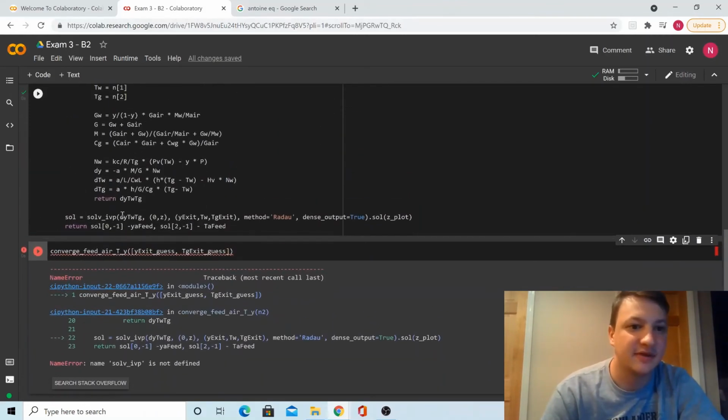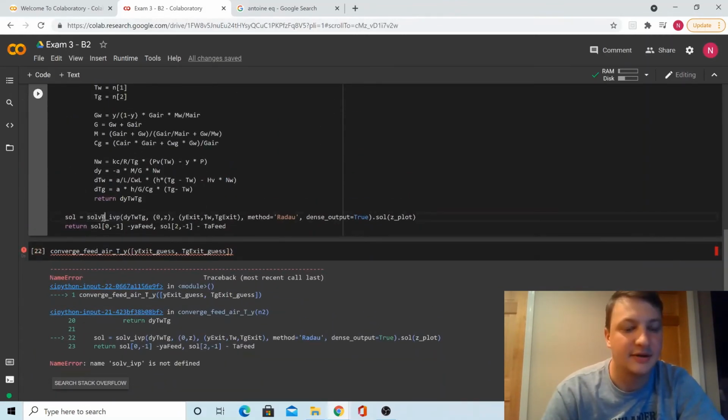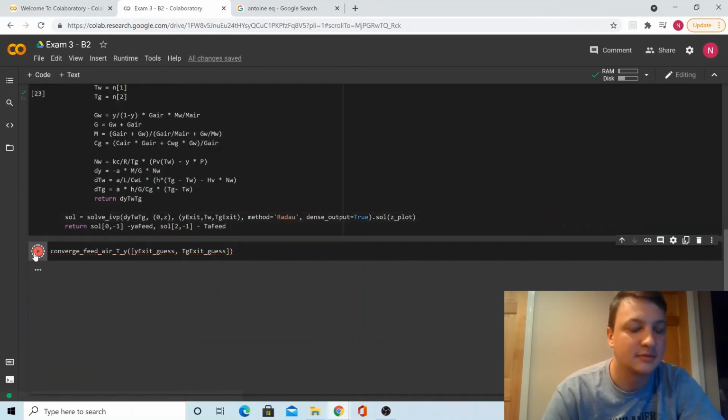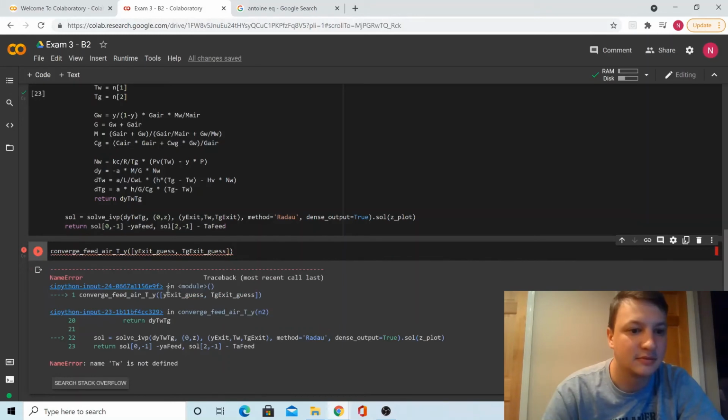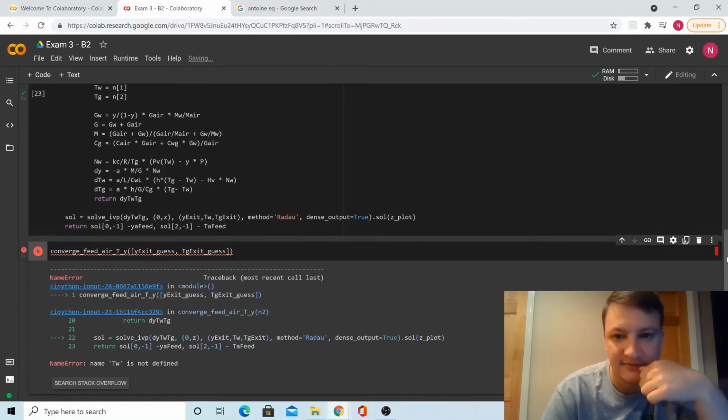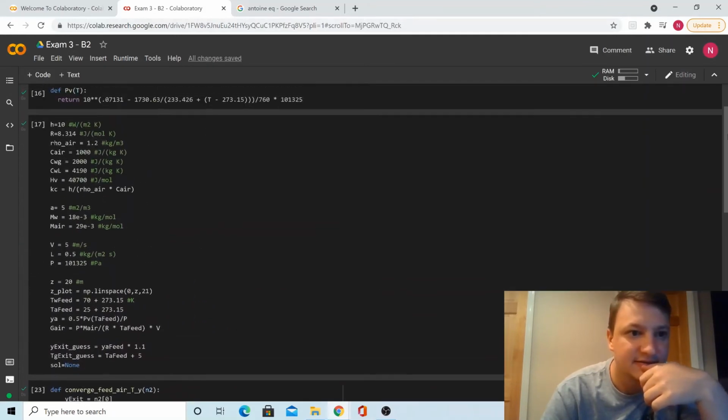Didn't spell solve IVP correctly. That would hamper a lot. TW is not defined. What do I have temperature of the water defined as?